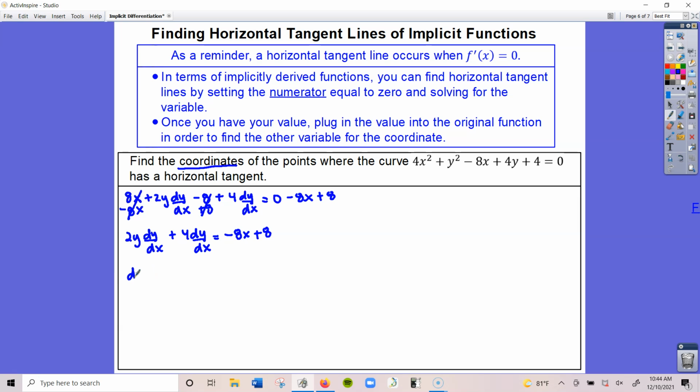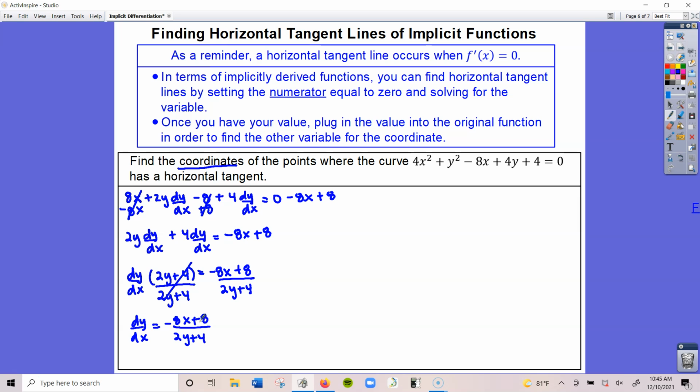Factor out the dy/dx, and we get (2y plus 4) dy/dx is equal to negative 8x plus 8. Finally, to get the derivative, we are going to divide by 2y plus 4. So that's my dy/dx, negative 8x plus 8 over 2y plus 4.